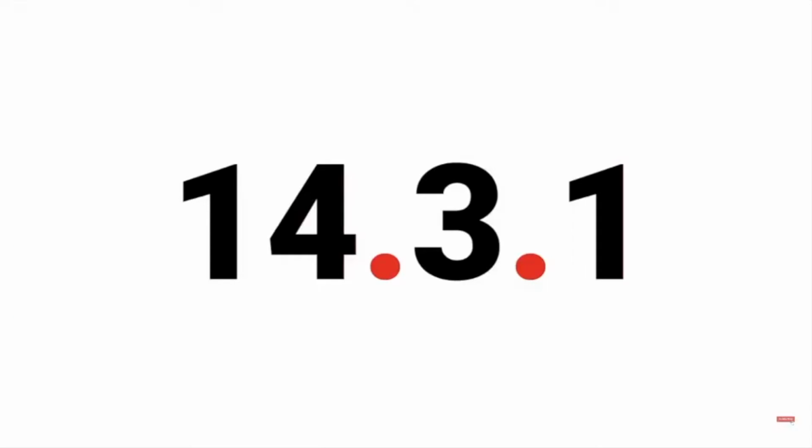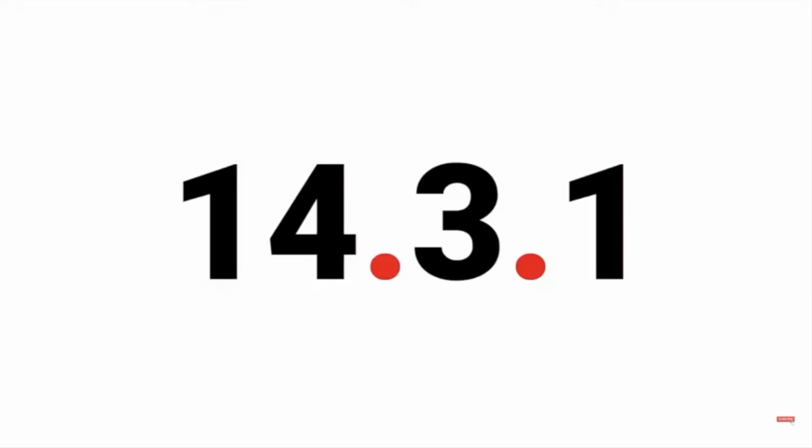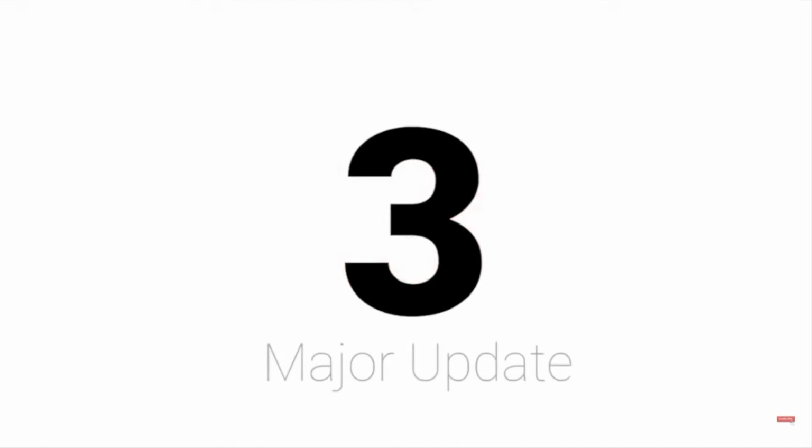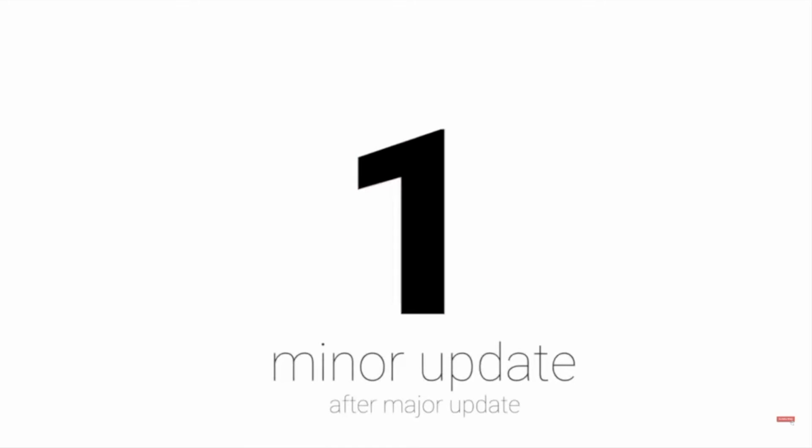For example, on February 8th, Apple released Mac OS Sonoma version 14.3.1. That first number, 14, denotes which version of the OS it is. The second number, 3, tells us that this was the 3rd major update to this version. And that last number, 1, tells us that it was the first minor update to that 3rd major update.